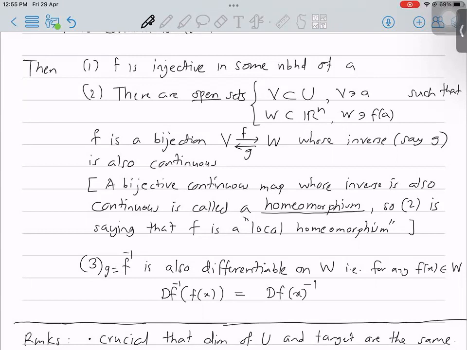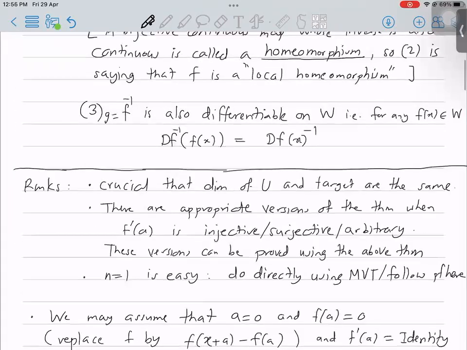So we need to show that in the target I have an open set which is contained in this target. Because if I have an open set contained in the target, then I can take V to be just its inverse. So let me write this.